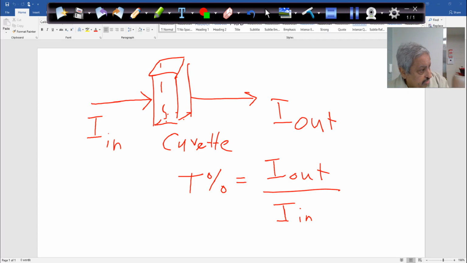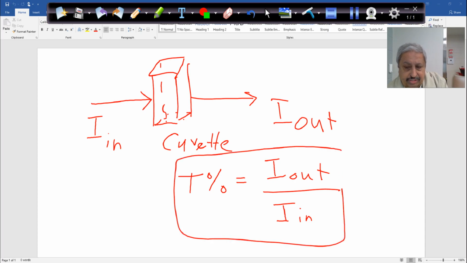That's really what transmittance is, and the transmittance is related to absorbance in a formula. The transmittance is related to the absorbance, and the absorbance is related to the concentration, which is what we are looking for.